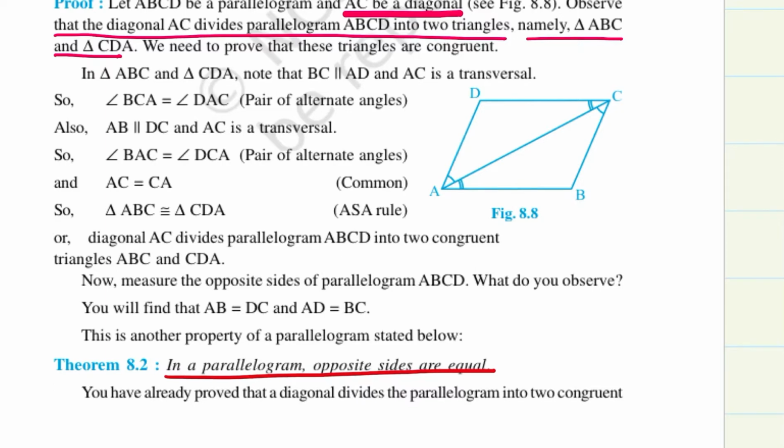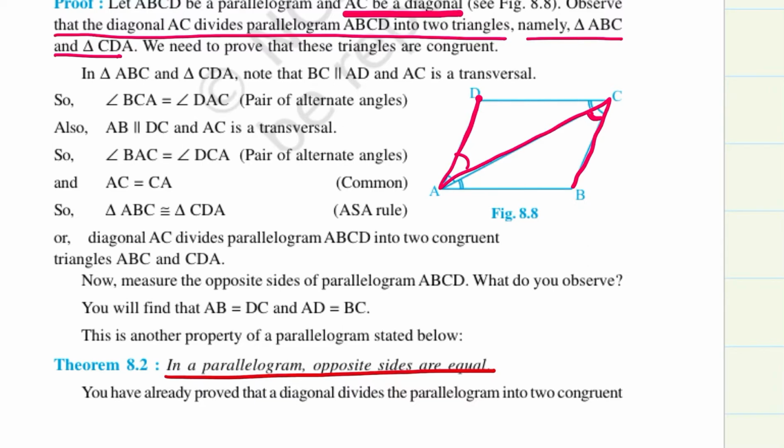So angle BCA, this angle, and angle DAC, this angle, which is forming a Z, are alternate angles and so they are equal.